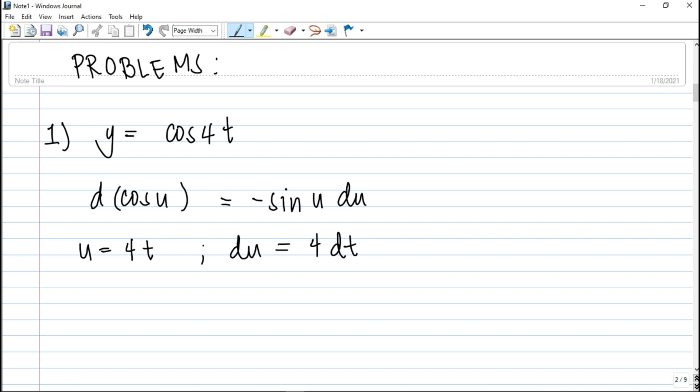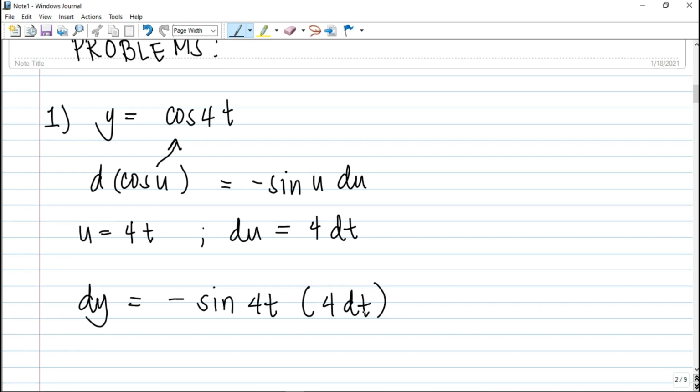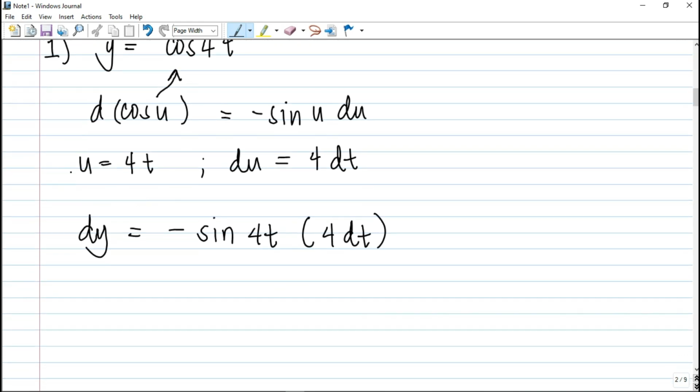Therefore, this is your y. The derivative of y equals negative sine u, where u is 4t, and du is 4 dt. We just simplify that. We have dy over dt, so we divide both sides by dt. We have negative 4 sine 4t.